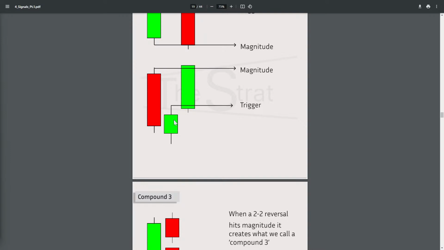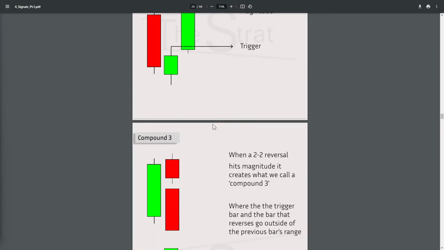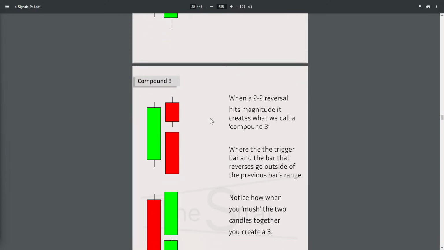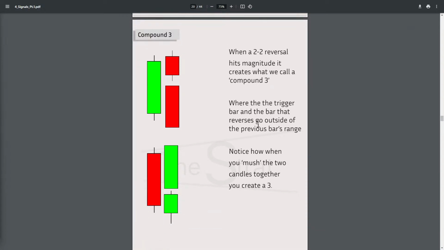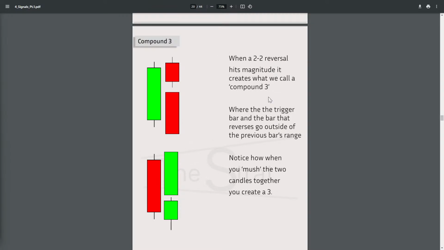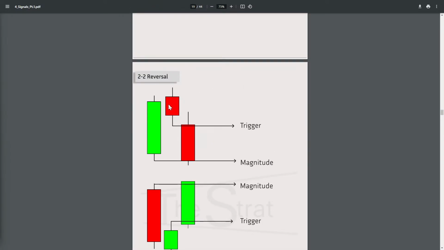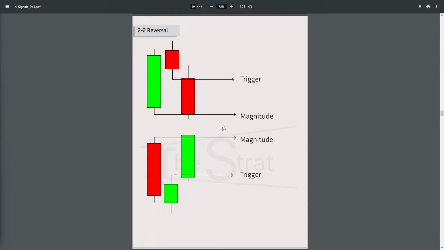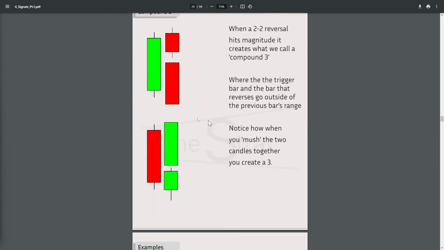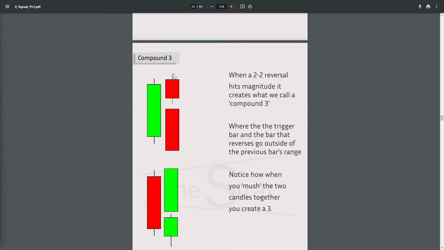And then you'll see these 2 bars become an outside bar of that one, which is, I'm getting ahead of myself because that's on the next slide, but it's hard not to give you guys everything. A compound 3. So just like the picture above, the 2 up, 2 down, if you were to blend those together to make them one candle, like we've done here, you'll see that this is a 3, right?